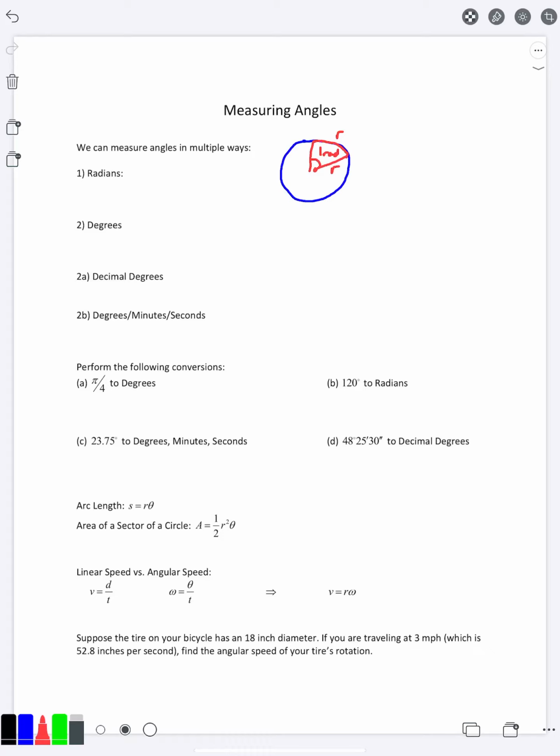So again, 1 radian is the angle that is needed, that if you travel around the outside of the circle, you will travel the same distance as the radius of the circle.